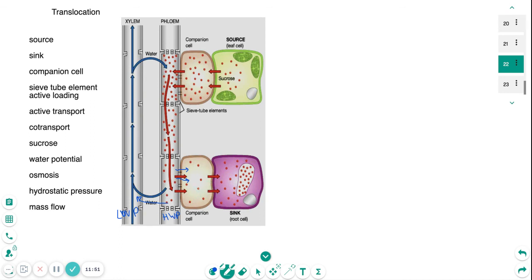So these companion cells can do what they were doing up here, they're now doing down at the roots. This companion cell is able to take sucrose out of the sieve tube elements, or it can load it in, depending on what the scenario is. If there's a need for sucrose at the top of the plant, then it's going to switch around.